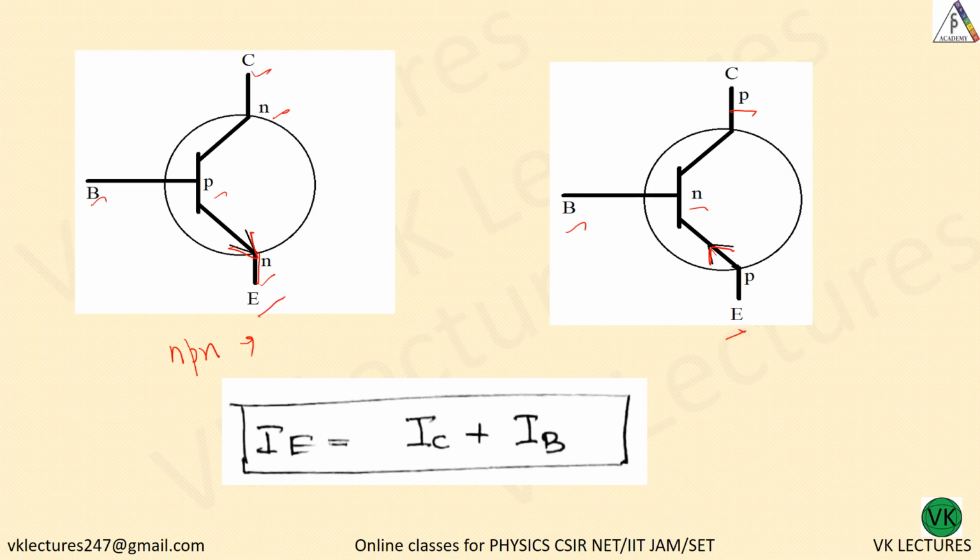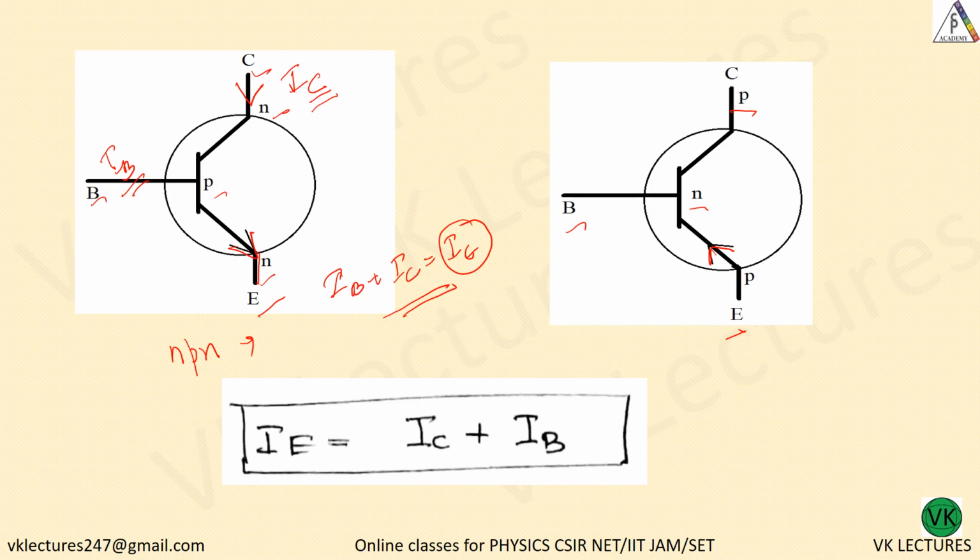Now both the collector current will be inwards. Collector is IC, base is IB. So IB plus IC equal to IE, the total current IE. Okay.